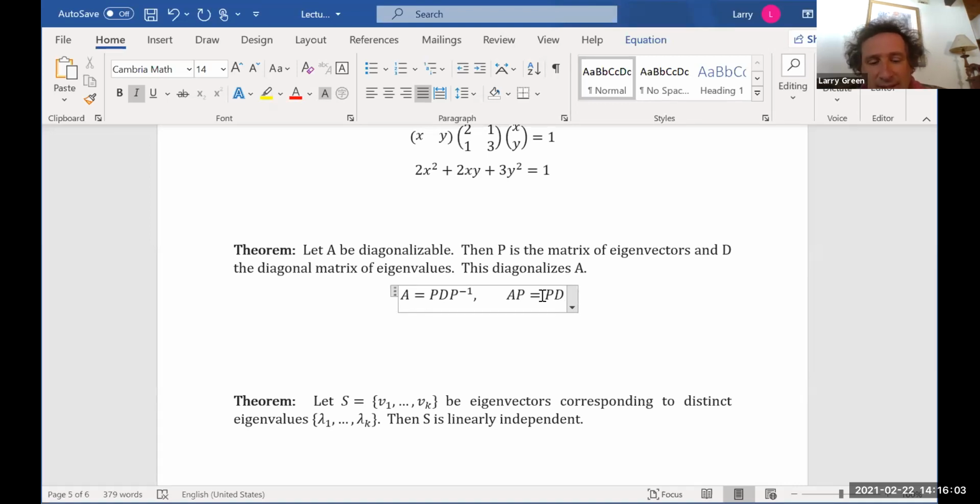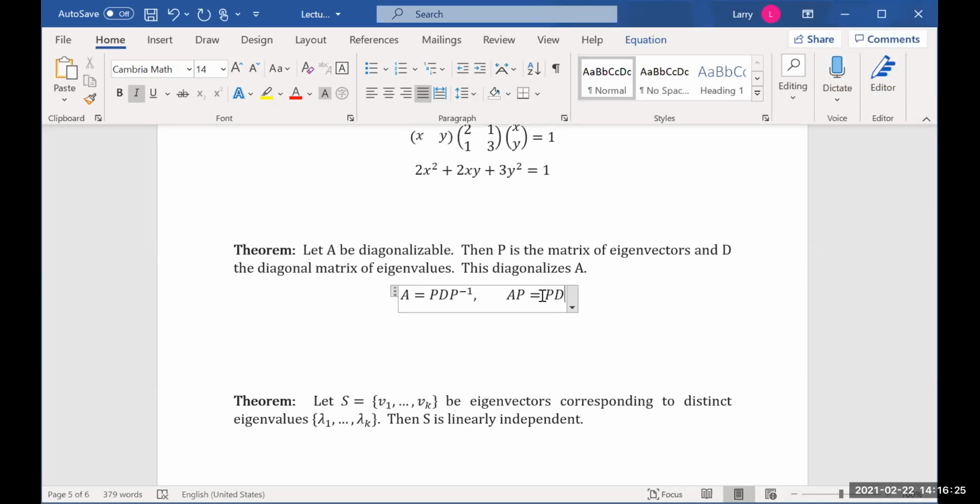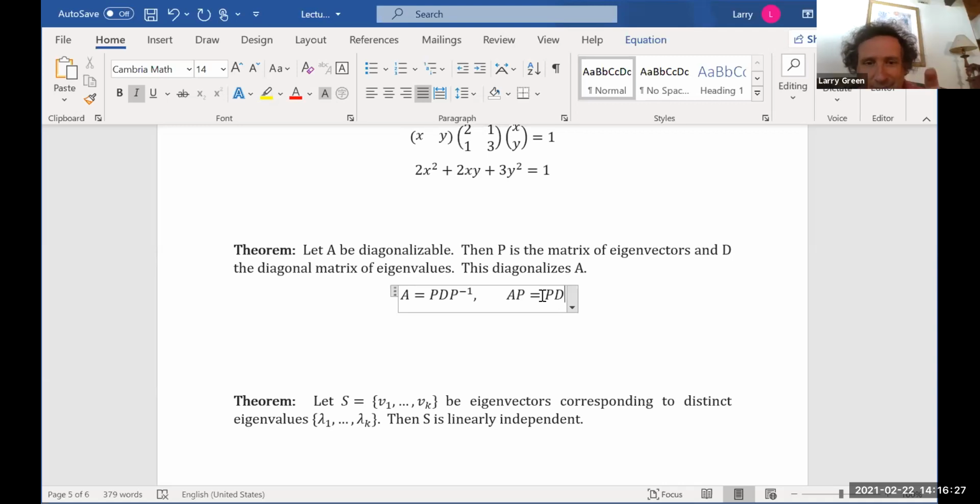Okay, but what's AP? Any ideas? And the key is understanding that P is a matrix of eigenvectors. And the way you multiply is you take A times the first column, and then A times the second column, and then A times the third column.